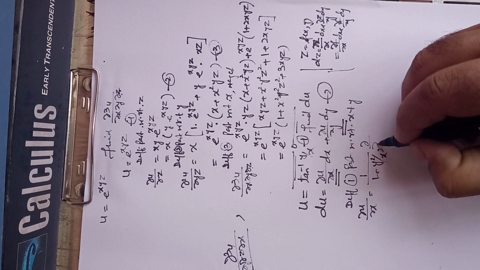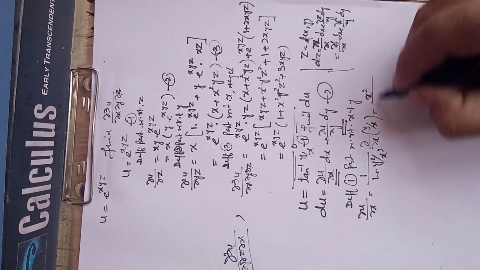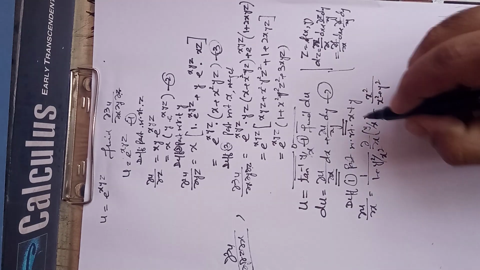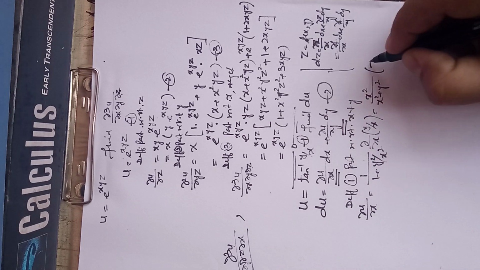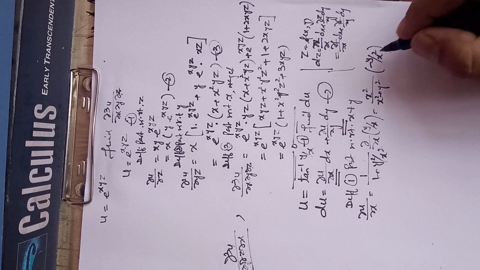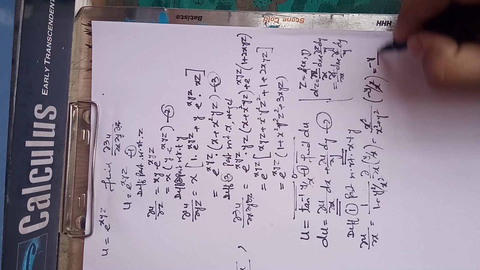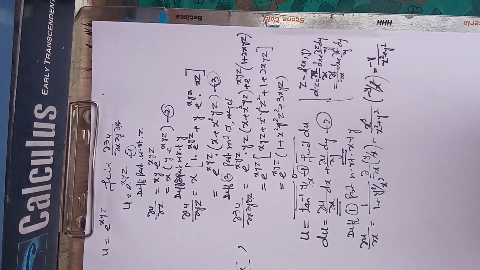Now ∂/∂x of the function y by x. This is x square upon x square plus y square. Derivative of y by x with respect to x is minus y by x square, because y is constant and the derivative of 1 by x is minus 1 by x square. So finally it is minus y upon x square plus y square.